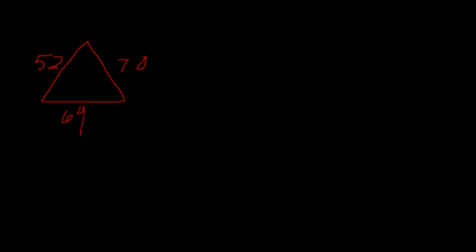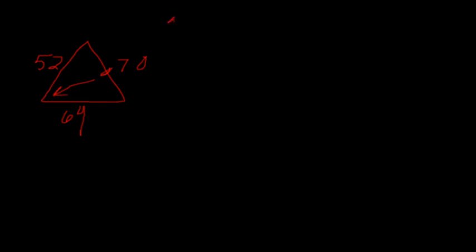Well, I know that the largest side will always have the largest angle because it has more space to project a larger image, right? For the triangle, the largest side will have the largest angle. So that means that 70 is the side that we're going to use to find the missing angle.